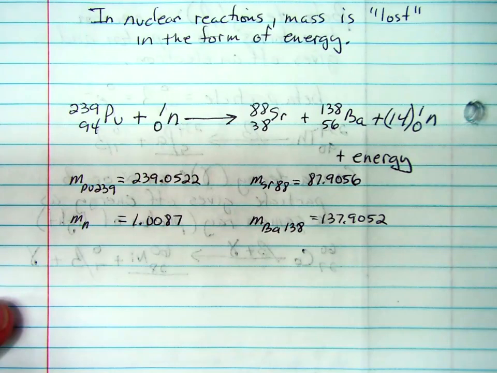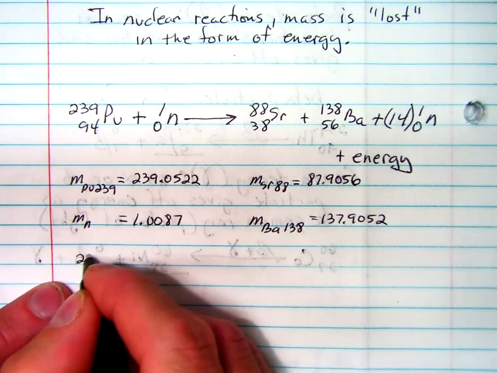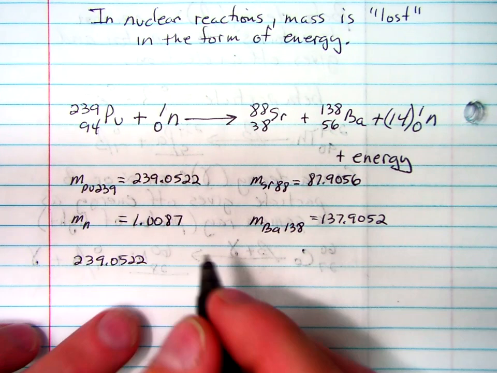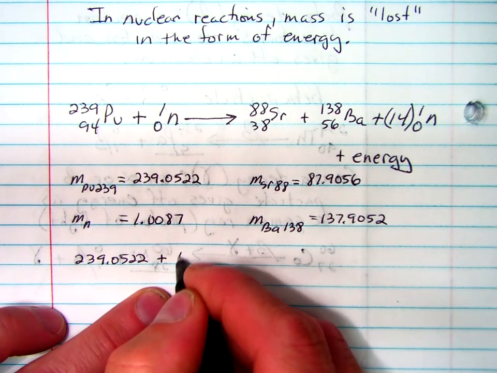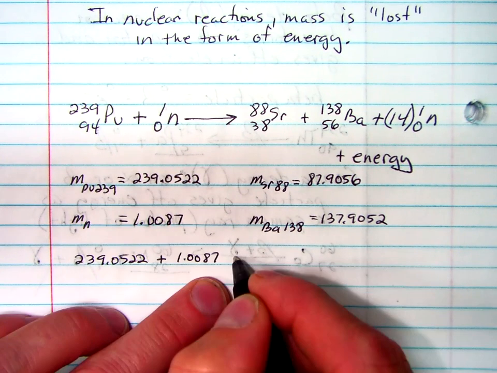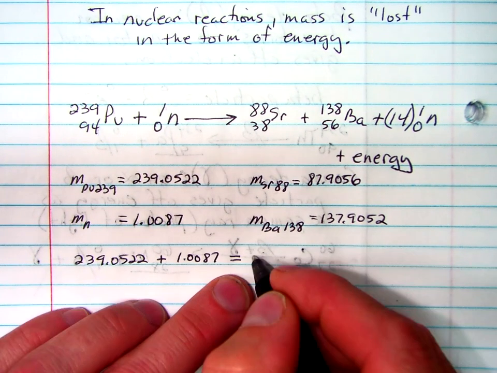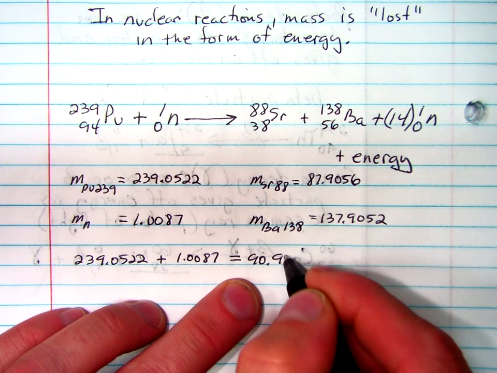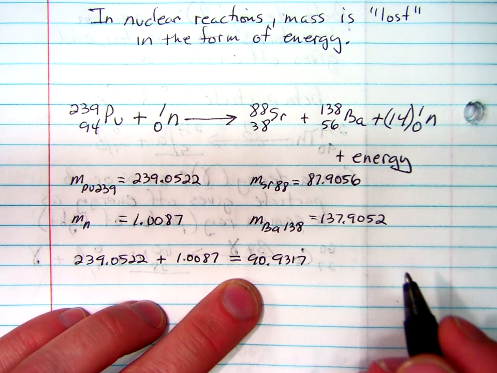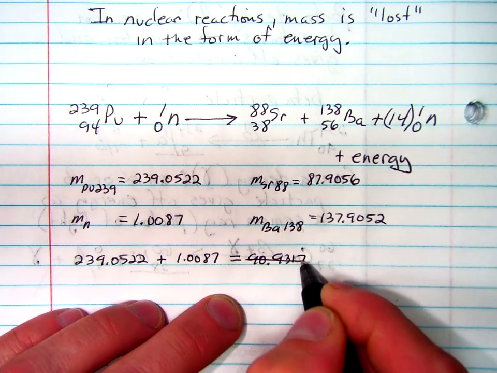So we add up the reactants on one side, and it's going to be 239.0522 plus 1.0087 equals 90.9317. You know what, that's the wrong number. Let me put a line through that. No problem.